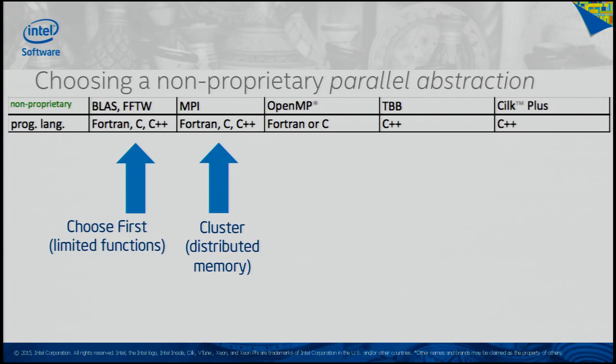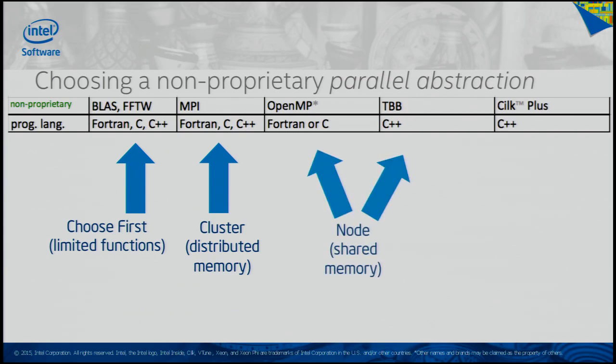But I think you can use MPI in a performance and performance portable manner if you pay attention to being generic enough. And then OpenMP and TBB, this is really about node level parallelism. OpenMP in general is best on Fortran and C, and TBB is most popular on C++. They're trying to solve the same thing, be very generic parallelism, let you express the parallelism, and then they map it on the hardware.